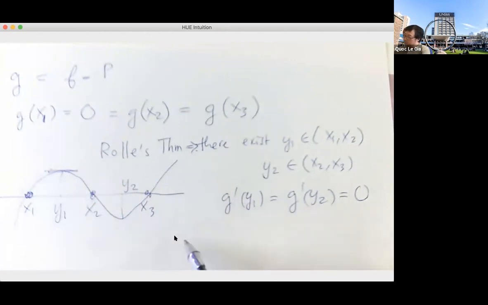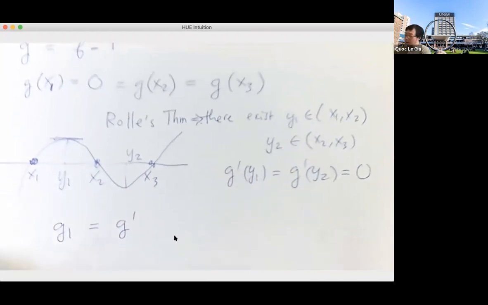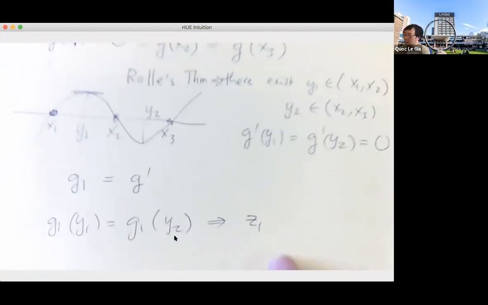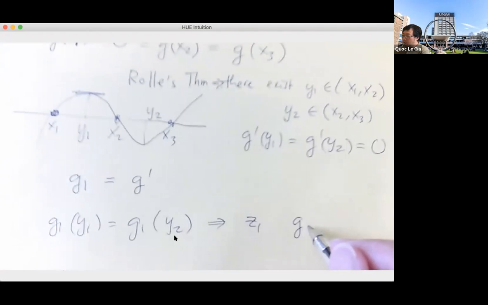Now let g1 be g prime. Then g1 at y1 equals g1 at y2, so therefore there is a point, say z1, so that g1 prime at z1 equals 0.